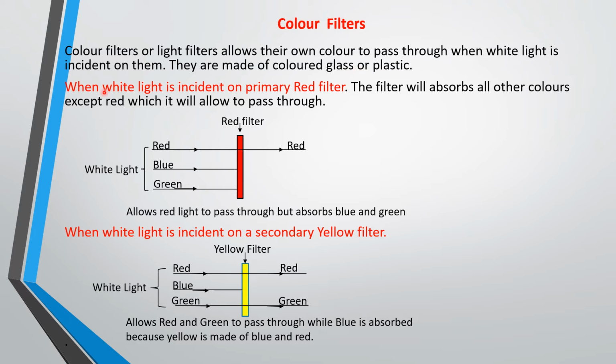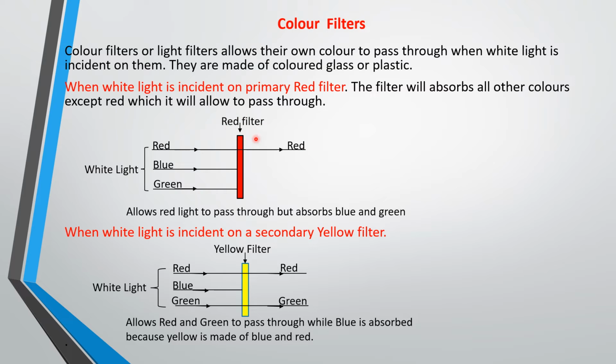Okay, so like here now, when white light is incident on a primary red, we know that red is a primary color. So assuming you have a primary filter that is painted red, and you shine white light on it, it will allow only the red to pass through, because red is primary.